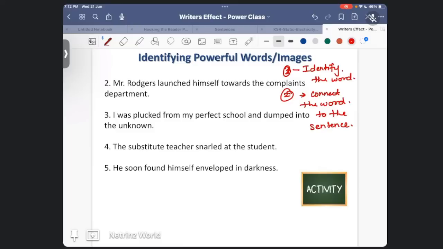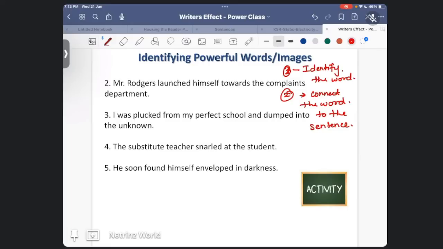Launched. Why did he launch himself? Why is the writer using that word launched? Because he is angry, he's furious, and he is rushing towards the complaints department. He can't wait anymore. So connect the word to the sentence. That is step number 2.